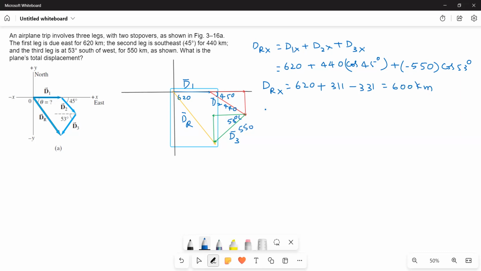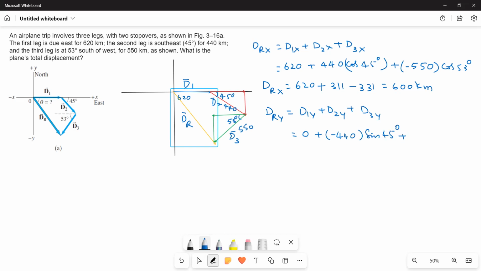Similarly, we have to find dry. So dry is equal to d1y plus d2y plus d3y. Okay, and d1y, we don't have any component for the first displacement, so that is 0, plus d2y. What is d2y? It is the opposite side, and it is downward. So this is minus 440 times sine 45 degrees.